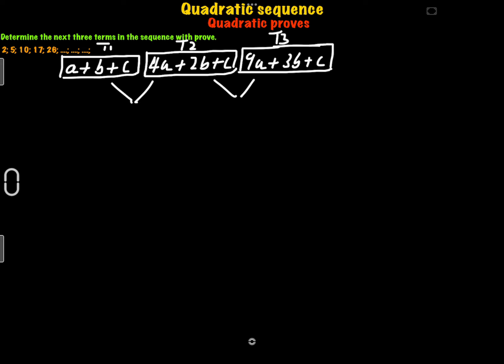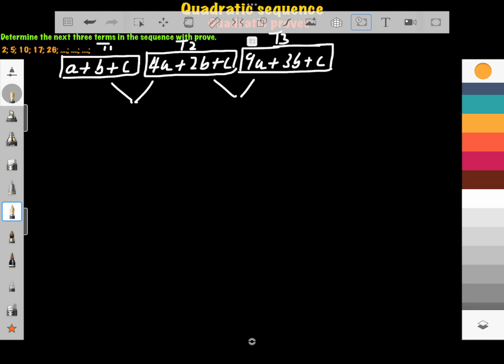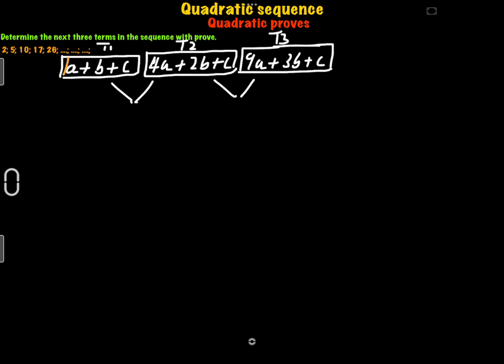We know that there are silent ones here. In algebra, there's a 1 in front of the variable A. We also have 1 in front of the variable B, and also 1 in front of C. Similarly, we have 1 in front of C in term 2, and equally we have 1 there.